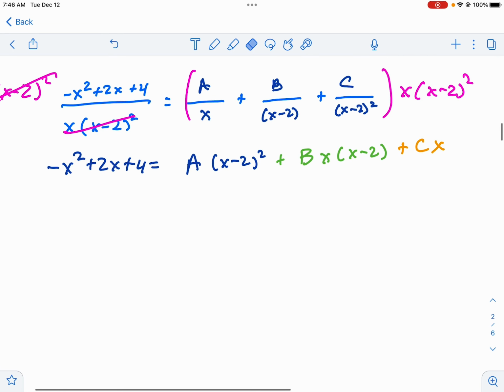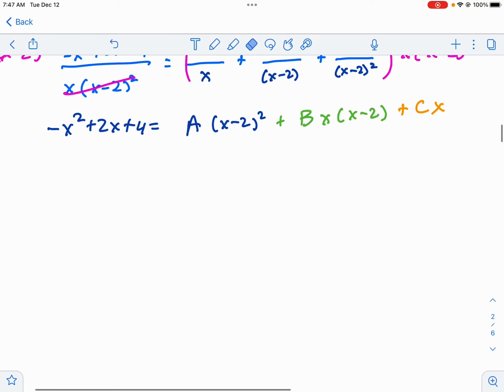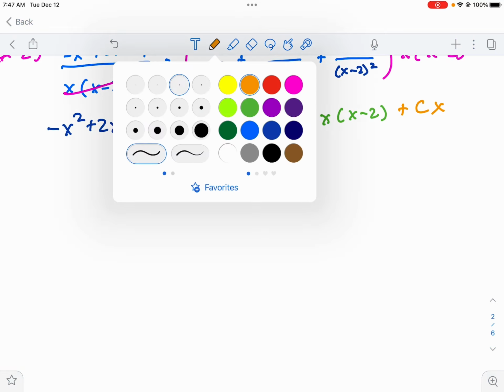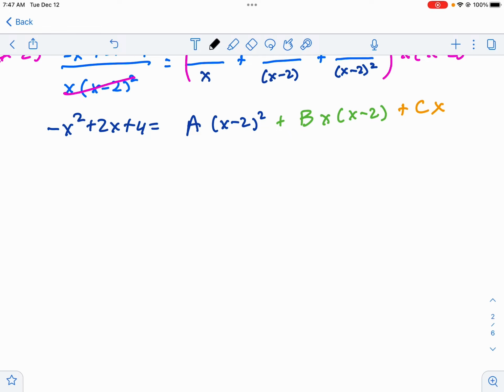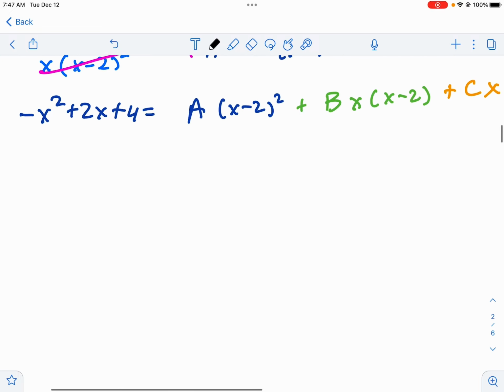So this one, you can use that trick that we just saw. It's a fast trick, but that trick will not work for every single letter. So I'll show you what happens. I can let x equal 2.